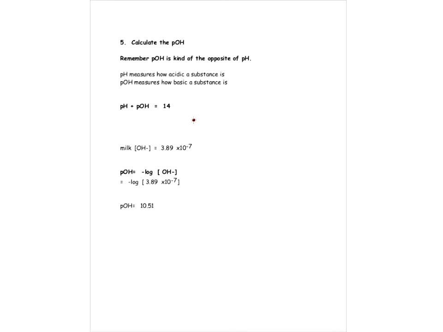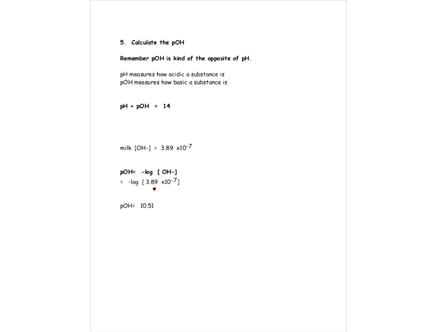That's right. So question 5 is saying calculate the pOH of a compound that has a concentration of OH, which is this. It's similar to the other one. Instead of pH equals minus the log of the hydronium concentration, we have pOH equals minus the log of the hydroxide concentration.